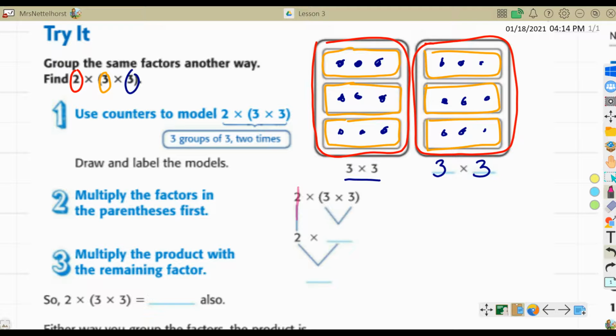There we go. So I have 2 times, these are going to stay the same in the top problem and the bottom problem. Then I'm going to multiply 3 times 3, which is 9. Whoa, let's try writing that with a pencil or a pen.